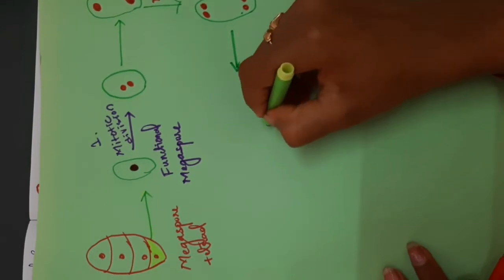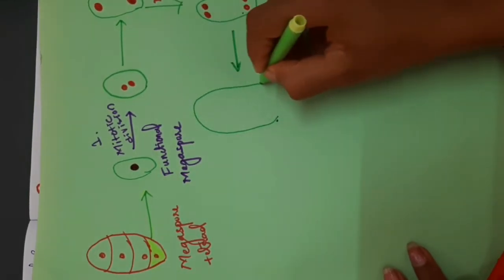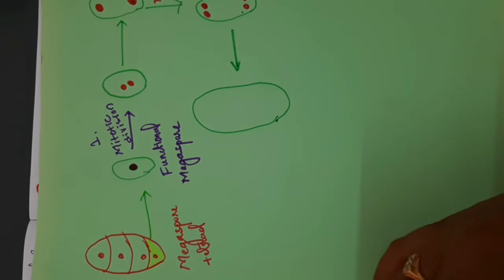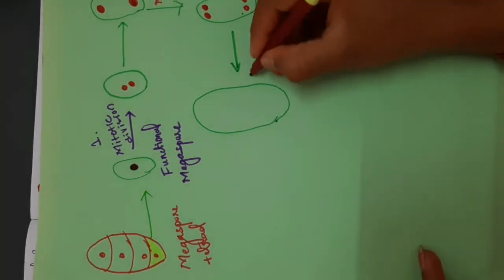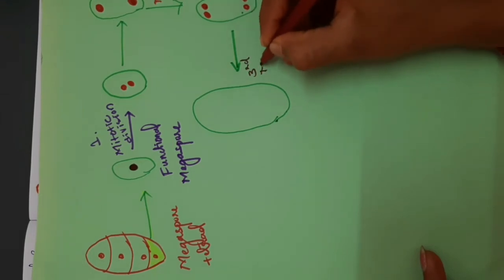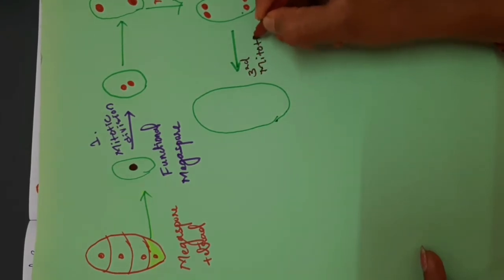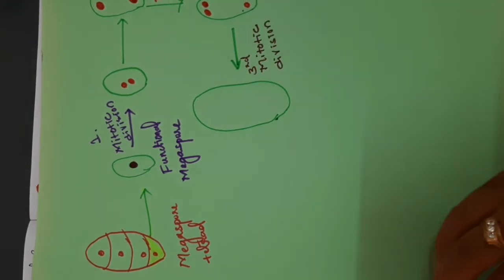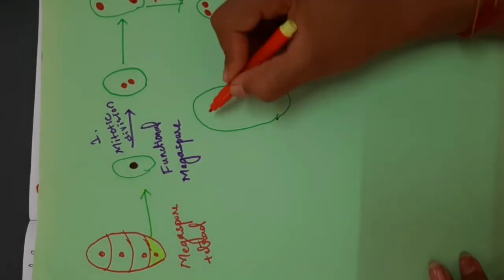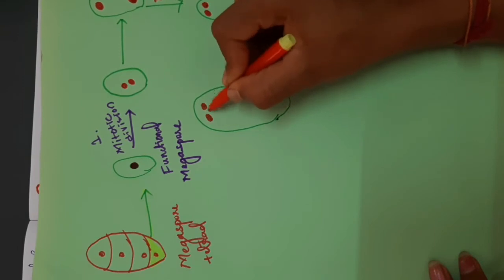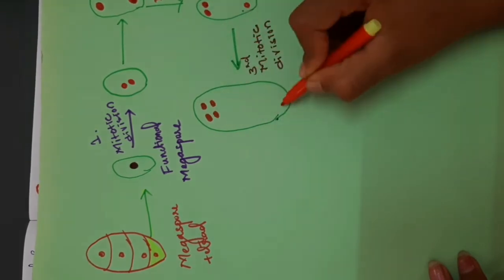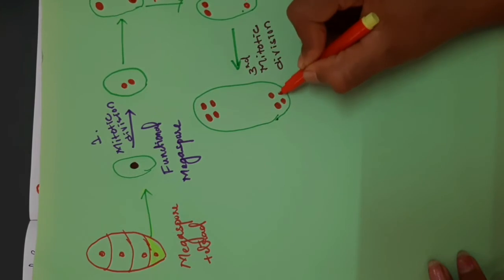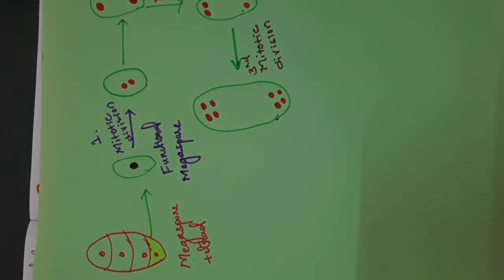Another mitotic division occurs, that is the third mitotic division. Here you can see 4 nuclei at one side and another 4 nuclei at the other side of the cell.